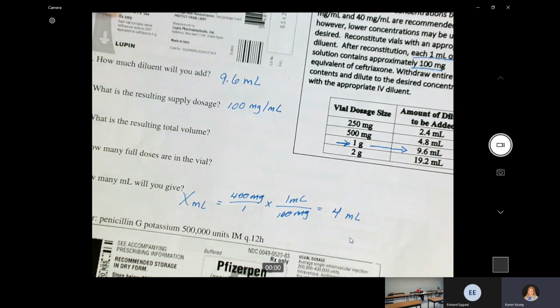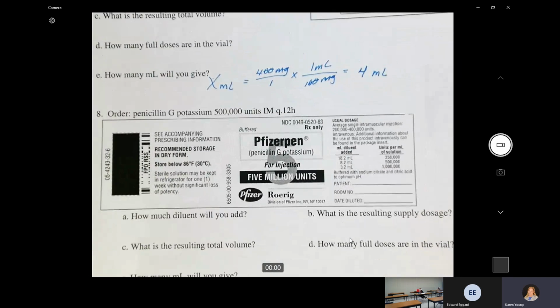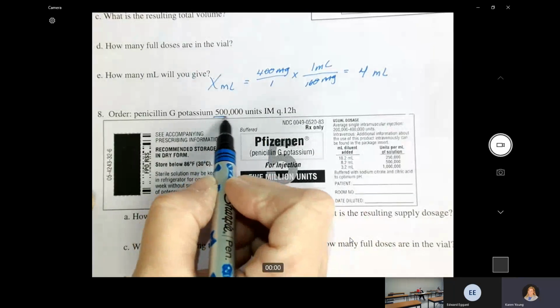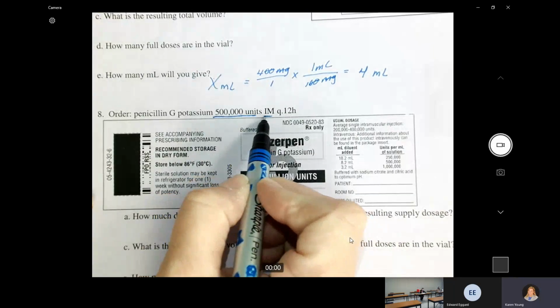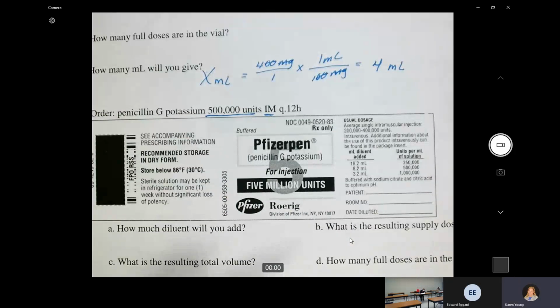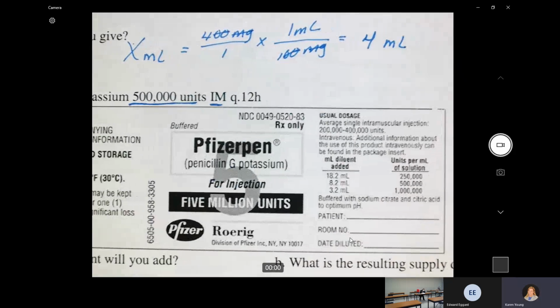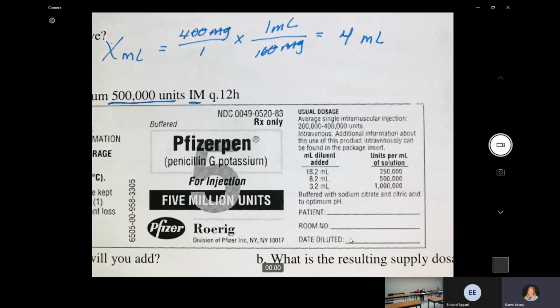Okay, so questions? All right, let's look at number 8. And I'm going to let y'all do number 8. I'll zoom it in. But you got an order for 500,000 units, IM. And you've got to choose your diluent, or your diluent amount.